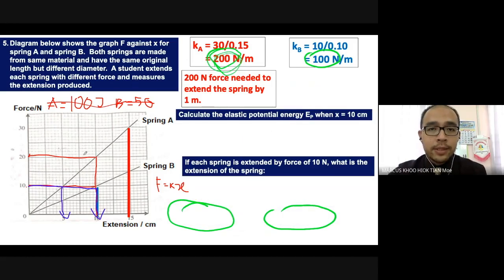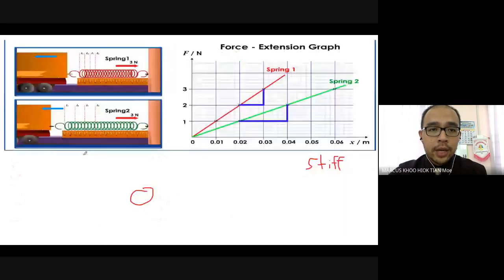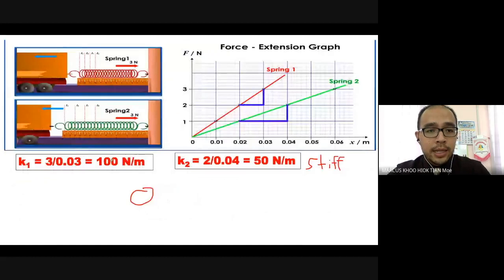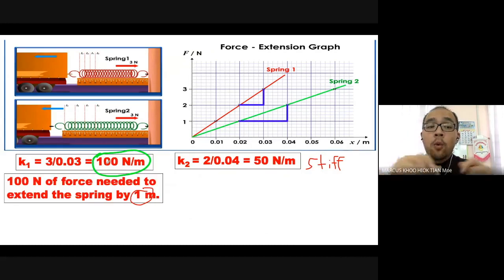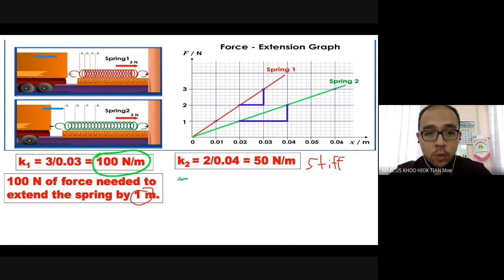Let's say, for example, the K is 100 newtons per meter. The spring constant is 100 newtons per meter. This means that you need 100 newton of force to extend the spring by 1 meter. Okay, that's what it means. I need you to understand what does the value of the K mean.